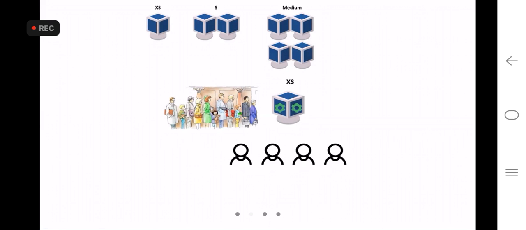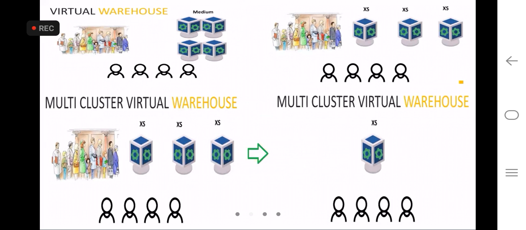In this case, we can choose a larger warehouse size, like medium, which has 4 virtual servers, so that it will handle them easily. But instead of going for a larger warehouse, I'm already using an extra small warehouse.